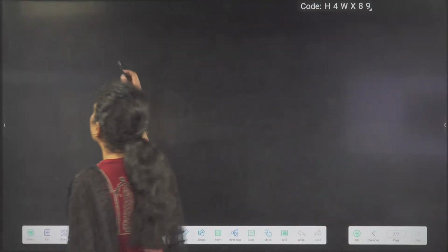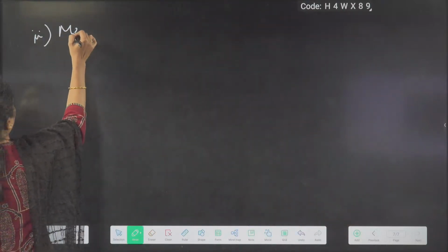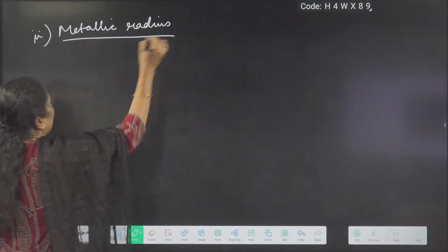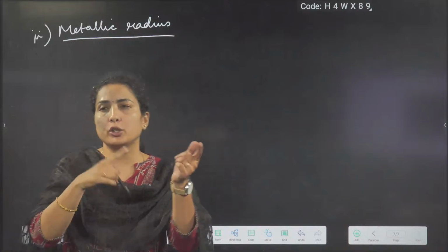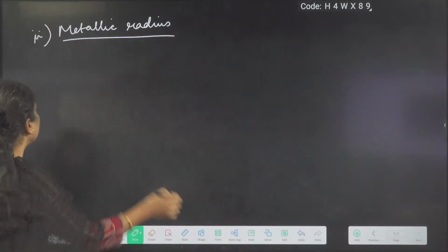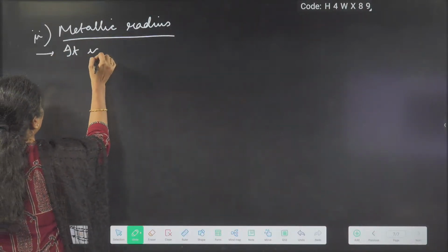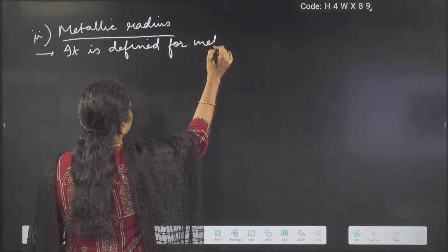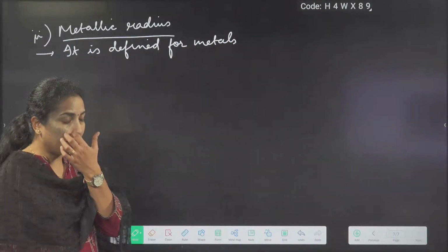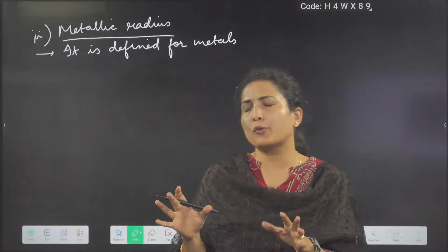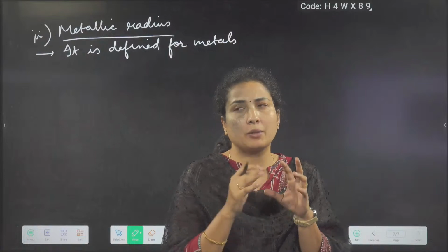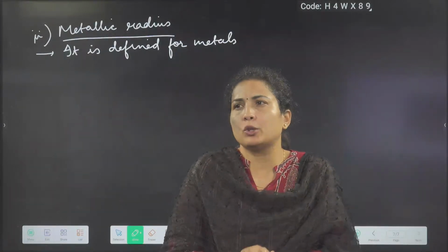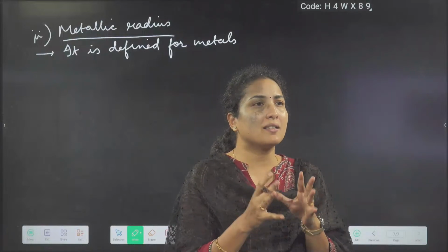Now, let us go for the second one, which is metallic radius. So the atomic radius of a metal is only known as metallic radius, right? As the name suggests, it is defined for metals. Now, if you remember a little bit from your solid state, you know that in metals there will be proper arrangement of the metal atoms like BCC, FCC, HCP, and we call that the metallic lattice.